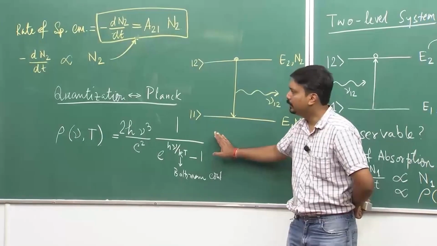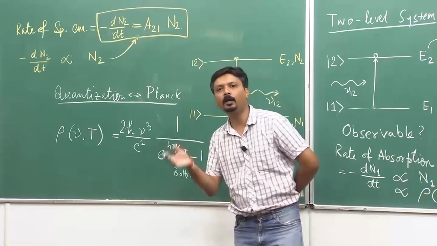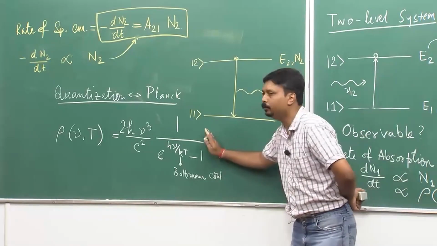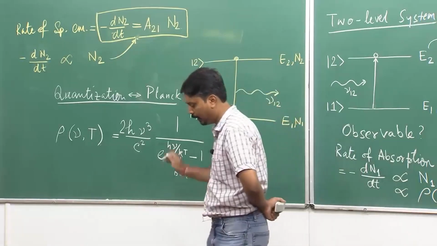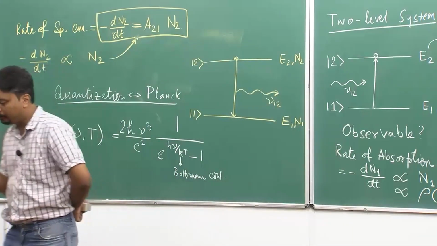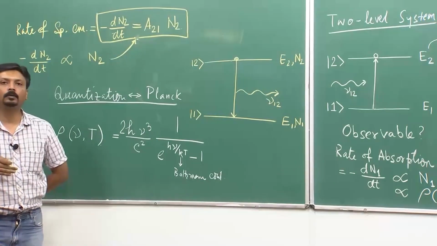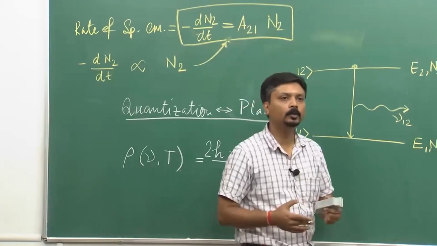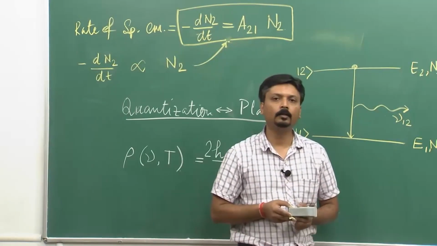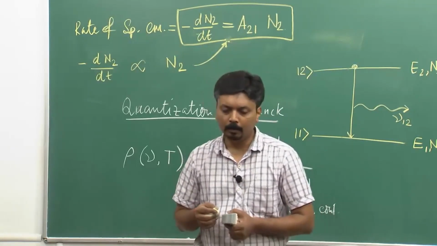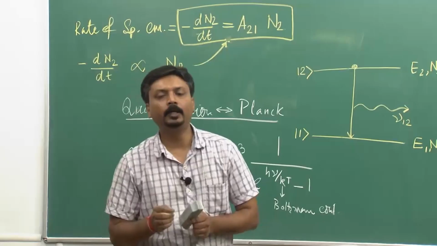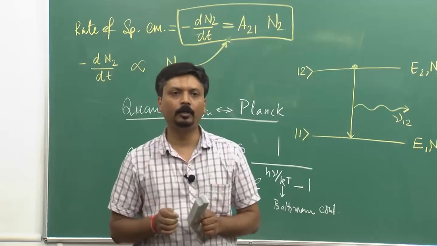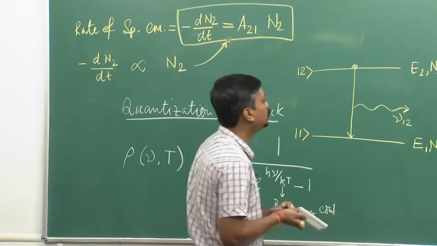Now let's come back to our earlier discussion of this optical transition. We will need to use this after a while. After Planck did this work, Einstein was also trying to explain the black body radiation problem by treating the black body to be a unit consisting of several such oscillators.